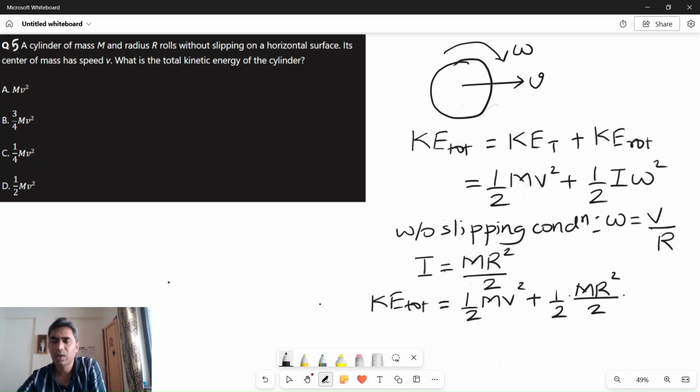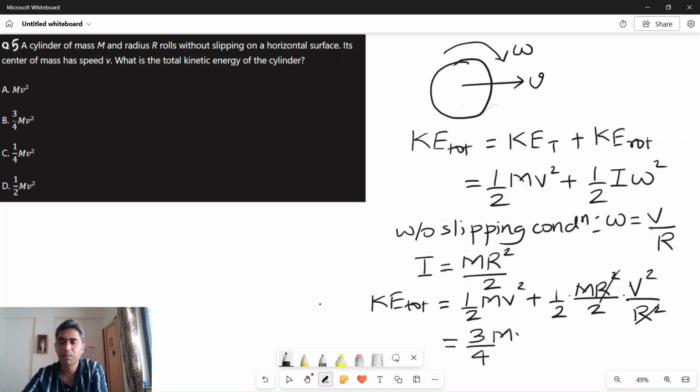Omega is v by r, so omega square is v square by r square. So this r square is gone. Now it is half mv square plus 1 by 4 mv square. Half plus 1/4 is 3 by 4 mv square. So total kinetic energy will be 3 by 4 mv square.